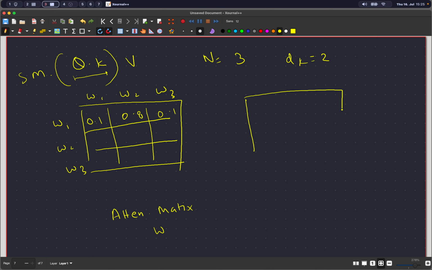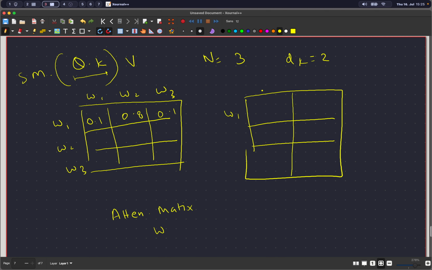Now we have a value matrix. It is 3 by 2. So this is the representation of the first word, the second word, and the third word. Let's say we are filling the values with some numbers like 0.1, 0.8, 0.9, 0.5.